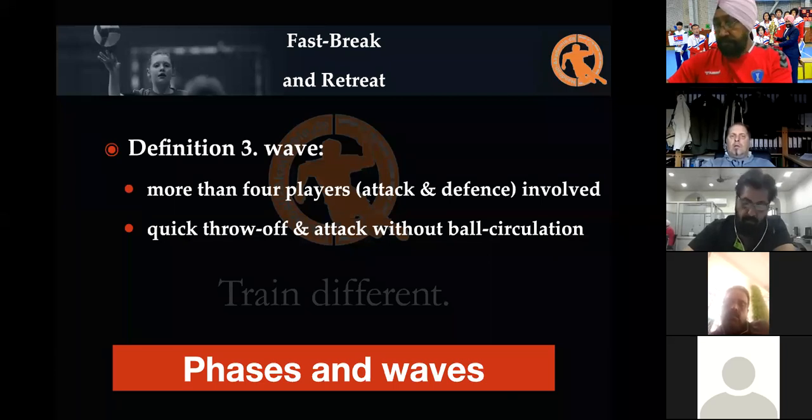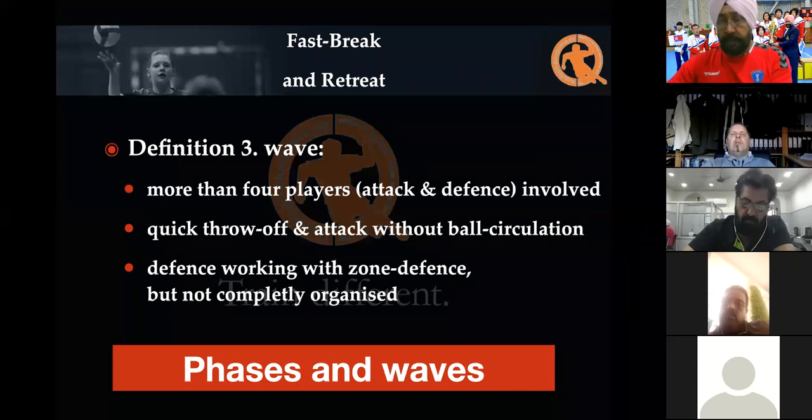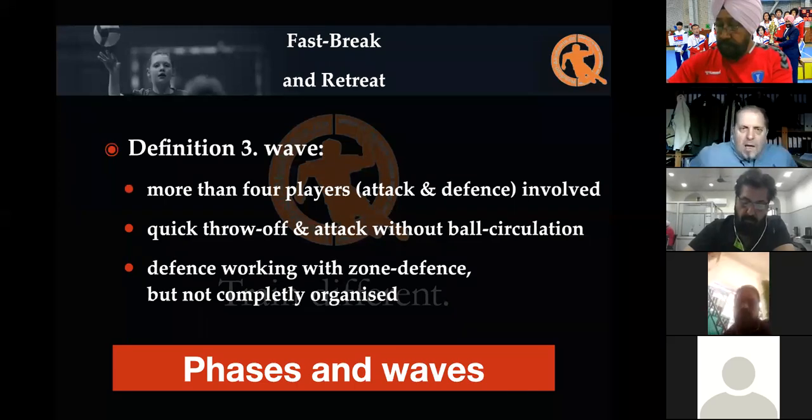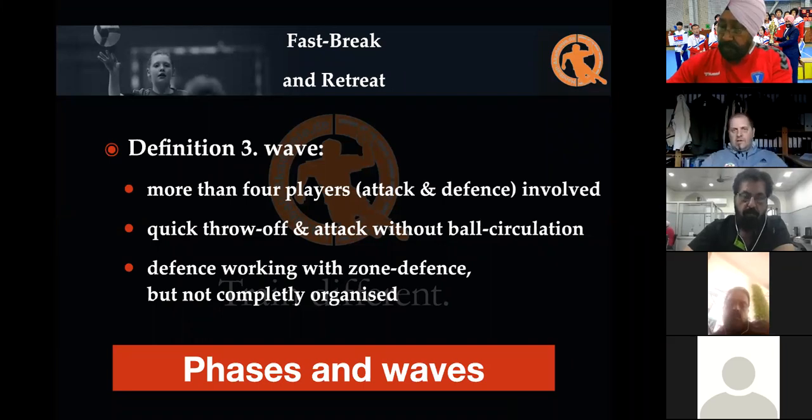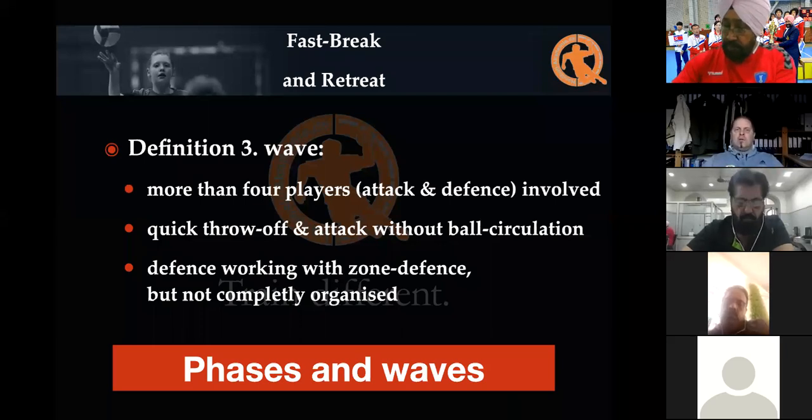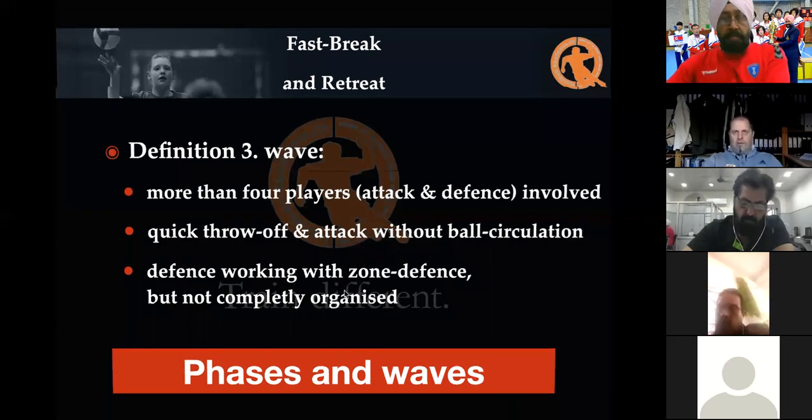And the third aspect here is the defense is now working in the zone defense way, but it's not completely organized. There are some elements, maybe the rechange of specialists was not working or players defending in a different position, which give the impression that the zone defense is not really organized in that moment. We have 2 examples for that.